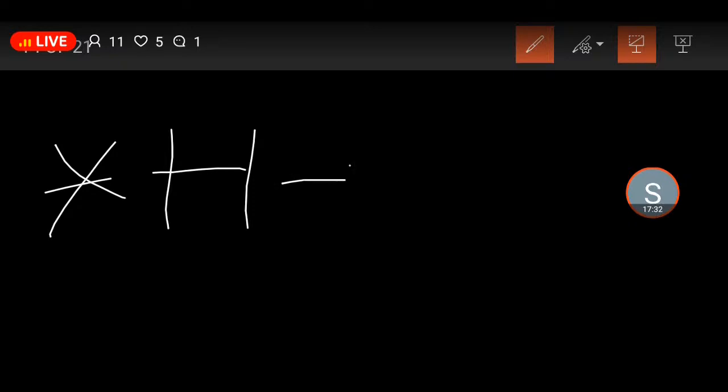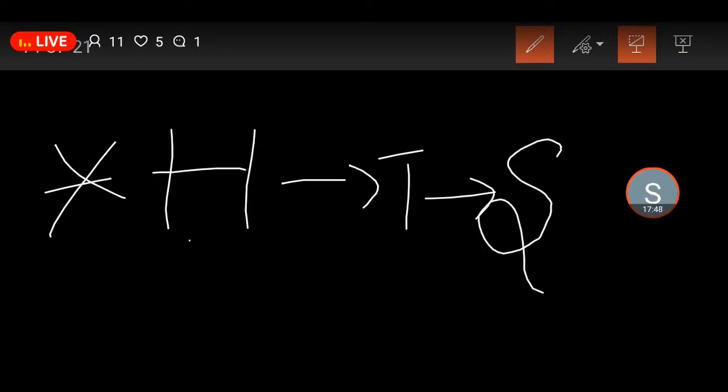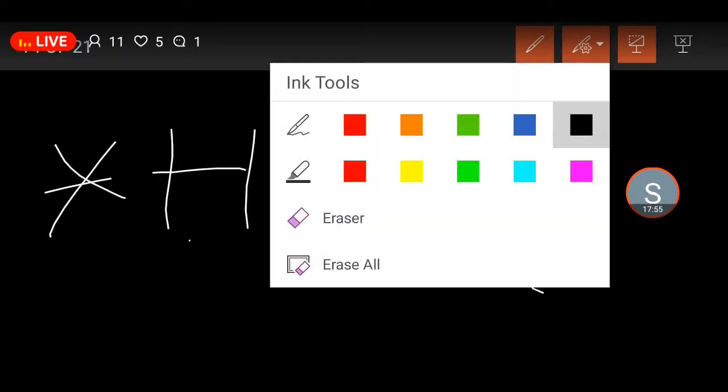First of all, there are two conditions. First, the head of the first vector must touch the tail of the other vector. The head of the first vector should touch the tail of the second vector. This is the first. I have written it in shortcut because there is no space on mobile.